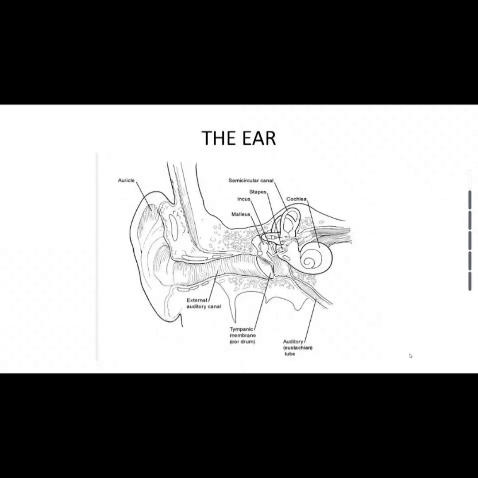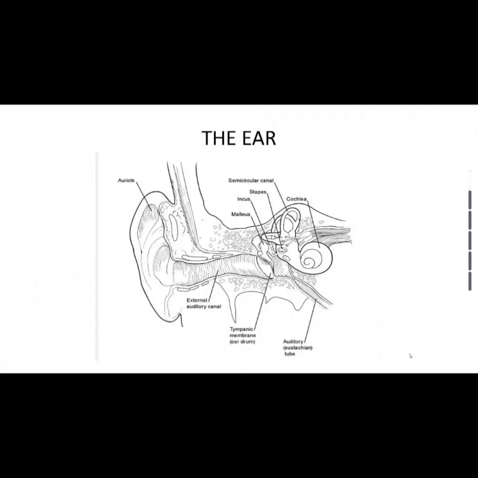And then from there, the sound is supposed to go to the inner ear, where we have the semicircular canal, the cochlea, and then we have the nerve, the vestibulocochlear nerve, that carries that sensation or the hearing all the way to the auditory cortex, a place that is concerned with discerning sounds.